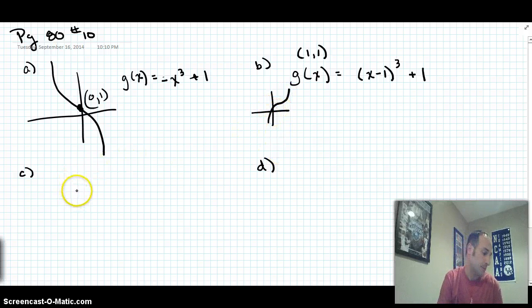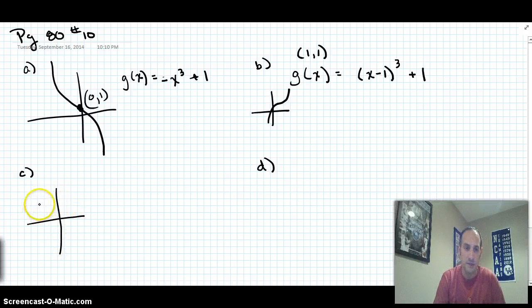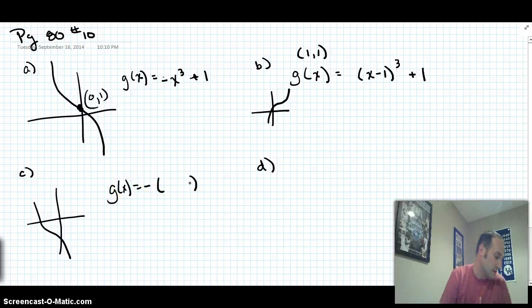When we go to C, it's a little bit further over. It has been flipped, because the graph looks like this. So it starts high, ends low. That means it's reflected, and I know I'm going to have g of x equals negative something. It looks like the center point, what I'm calling the point of inflection, is at negative 5, negative 1.